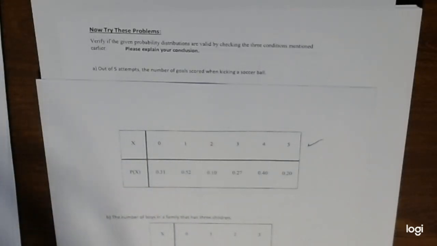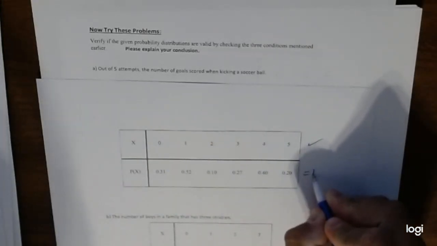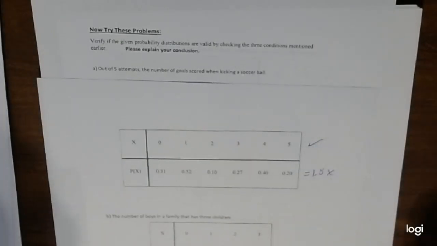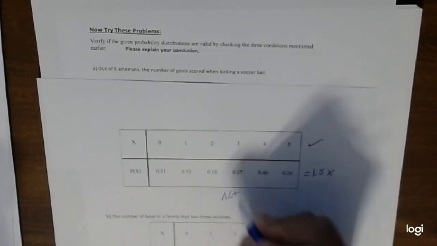So you get 0.31 plus 0.52 plus 0.1 plus 0.27 plus 0.4 plus 0.2. And you do not, right? You get 1.8, which is not 1, so this is not valid.